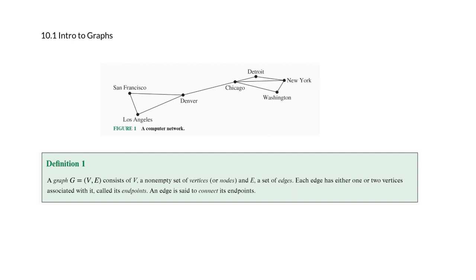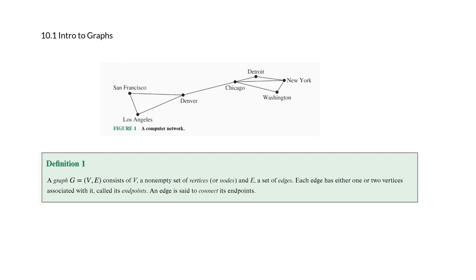So here we have a picture of a graph, and now we want to define a graph as just a mathematical object which we can draw or represent in different ways. All right, so a graph G is by definition an ordered pair of two sets, V and E. So it consists of two sets, V and E, where our first set we call V and the second set we call E.